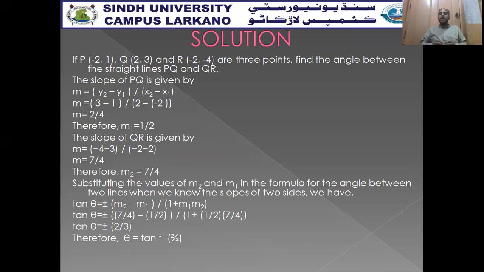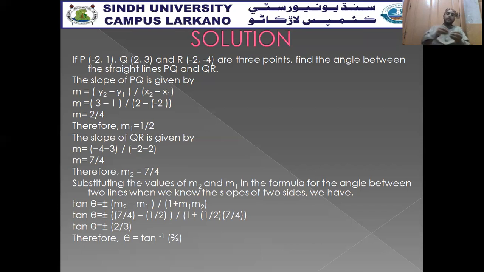Substituting the values of m₁ and m₂ into the formula of angle between two lines, when we know slopes of two sides, we have tan θ is equal to plus or minus (m₂ minus m₁) over (1 plus m₁m₂). Let's pick up the values.